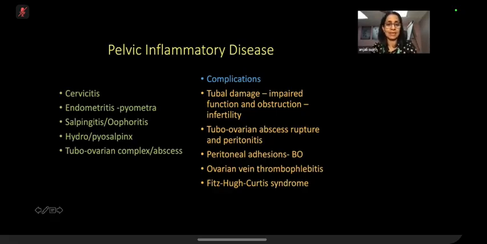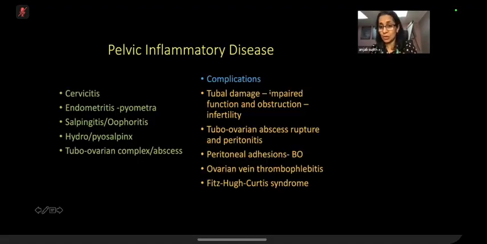Pelvic inflammatory disease is a broad spectrum of infection and inflammation affecting the female genital tract. Most commonly, it's an ascending infection that starts from the vagina, and with cervicitis, endometritis, salpingitis, or oophoritis, results in pyosalpinx or a tubo-ovarian abscess.